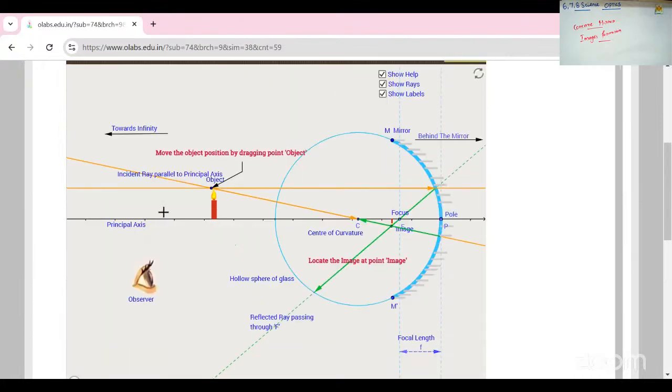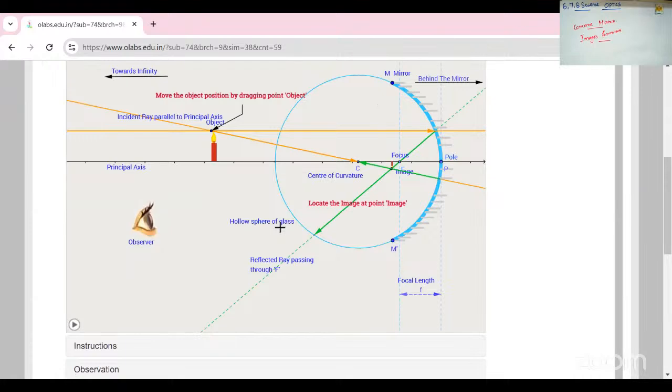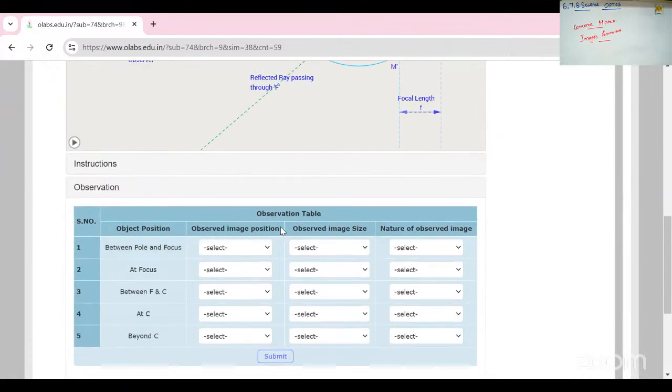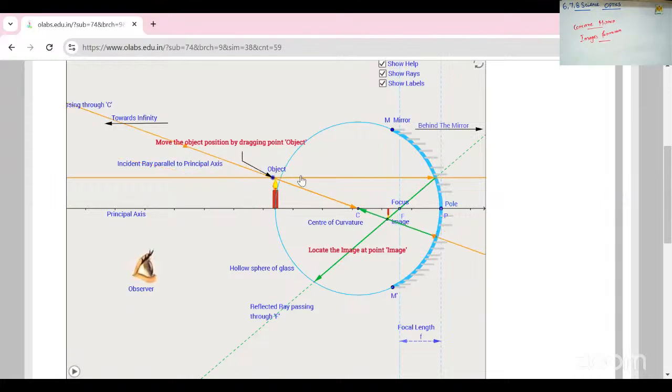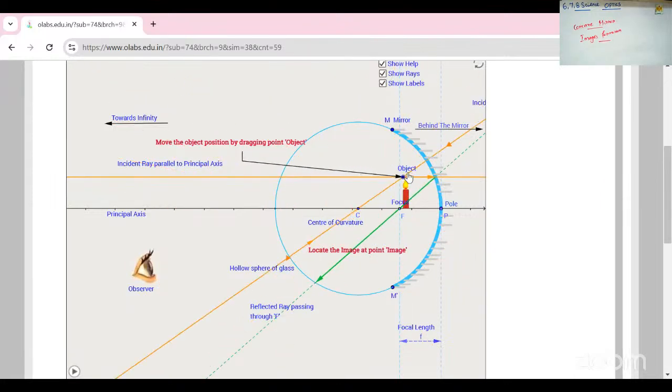The object is a candle. First position: between pole and focus. This is the pole point, and this is the focus point. So we are going to move the object between pole and focus.